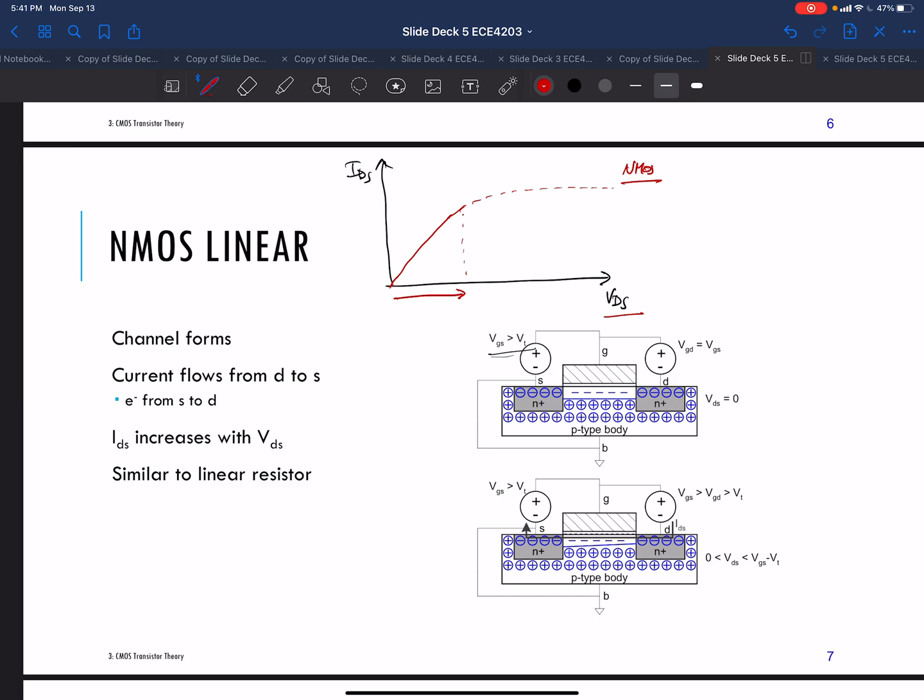Electrons are flowing from the source to the drain, and as my drain voltage goes up, you get more and more current. The electric field this way gets higher and higher, and I get more and more electrons going here, and therefore more current going this way. The current is in the opposite direction of the electrons, because the electrons are negatively charged.